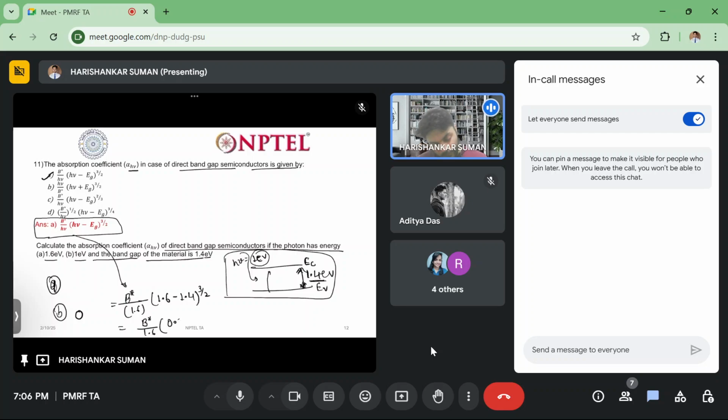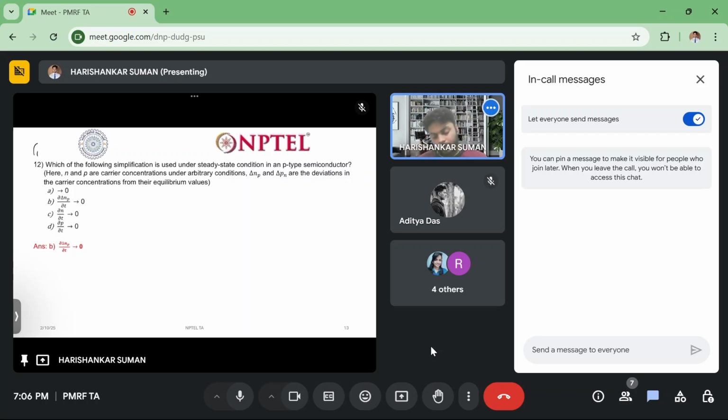This is 0.2 to the power 3 by 2. Please solve this equation and you can find the answer. This type of question may be asked in the exam. This is 11A, this is B. Clear?